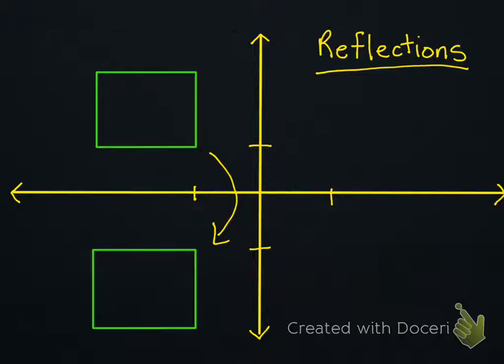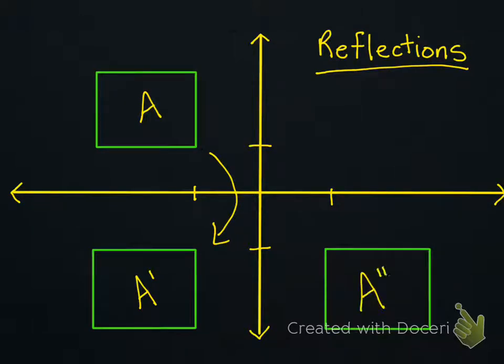So if I was to take this new image, let's call the original figure A. This is figure A prime. And let's say I wanted to flip A prime over the y-axis. Well, if I was to flip A prime over the y-axis, I would have A prime look something like that. A prime flipping over the y-axis becoming A double prime.